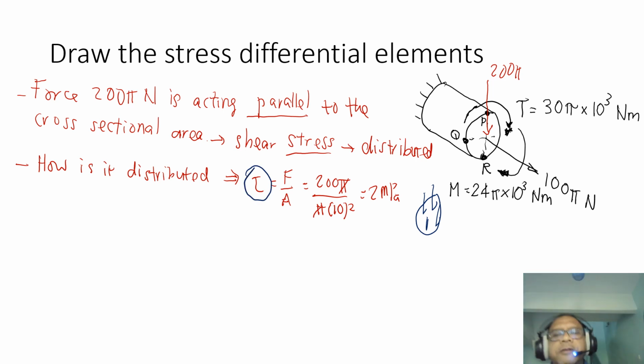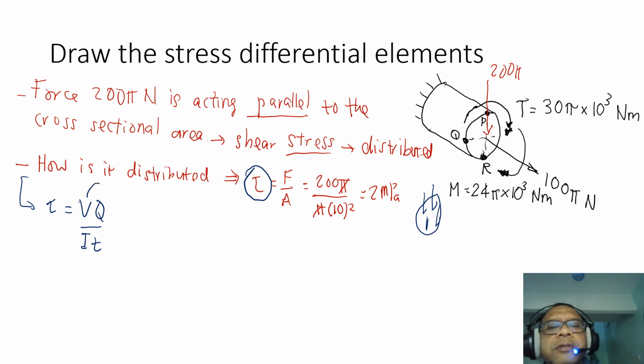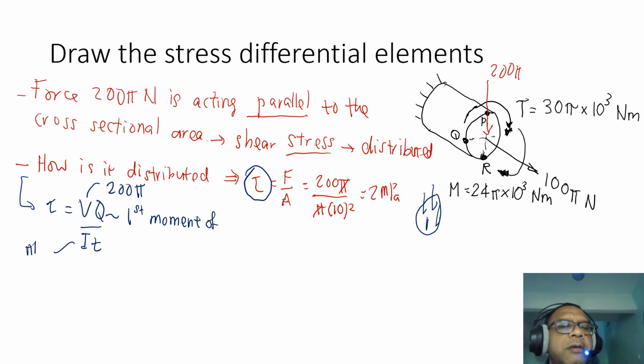But in actual fact, this is distributed according to the value VQ over IT, where V is the shear force, in this case 200 pi, Q is the first moment of area, I is pi d to the power 4 over 64, and T is the thickness at the section.